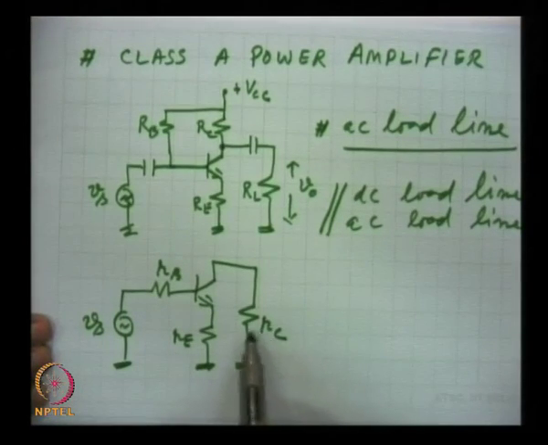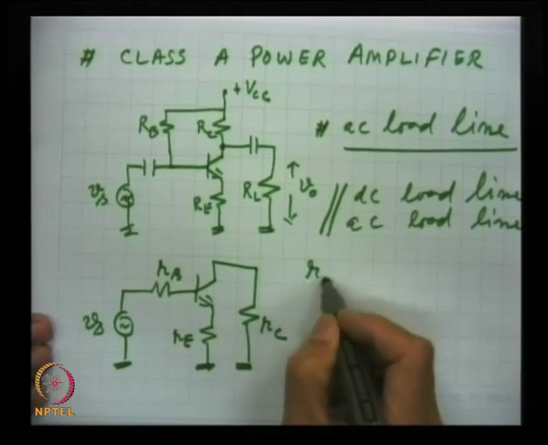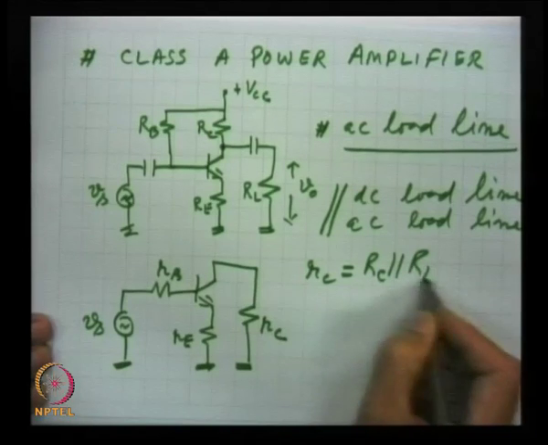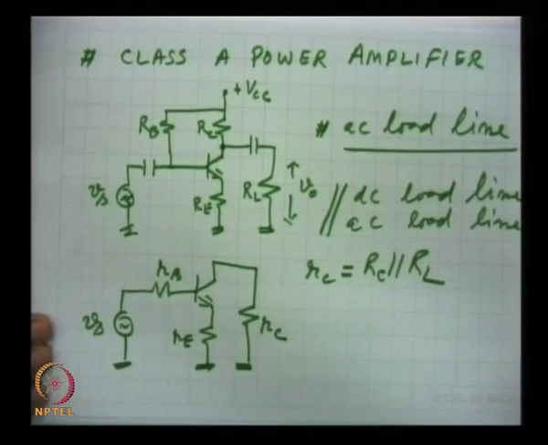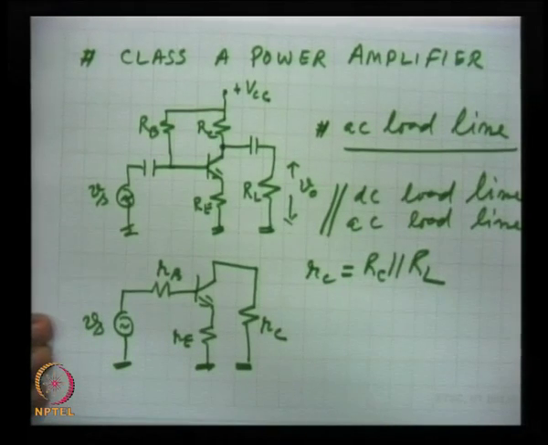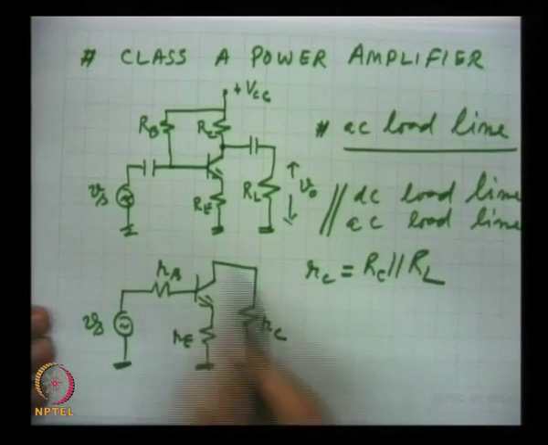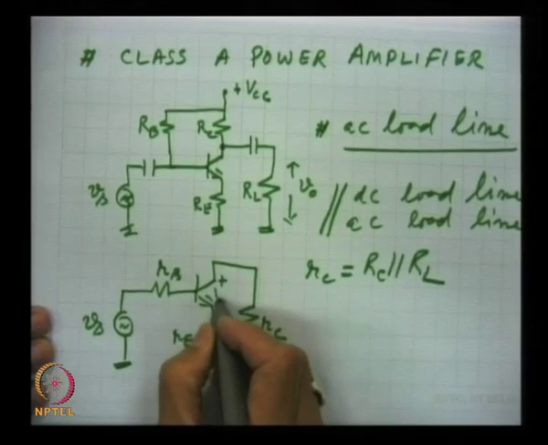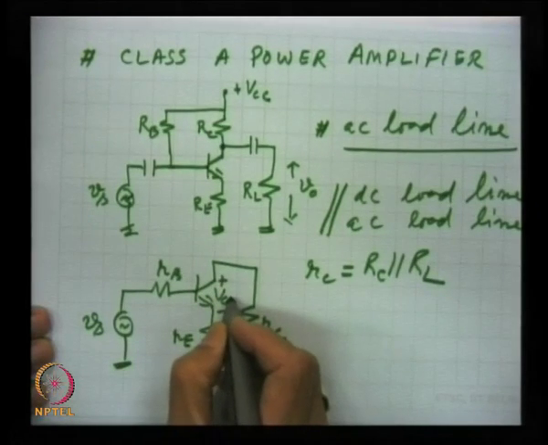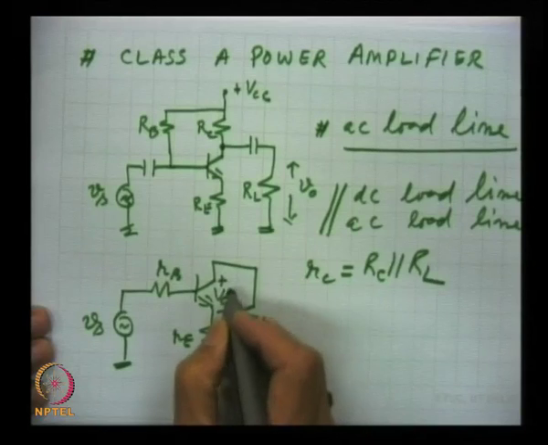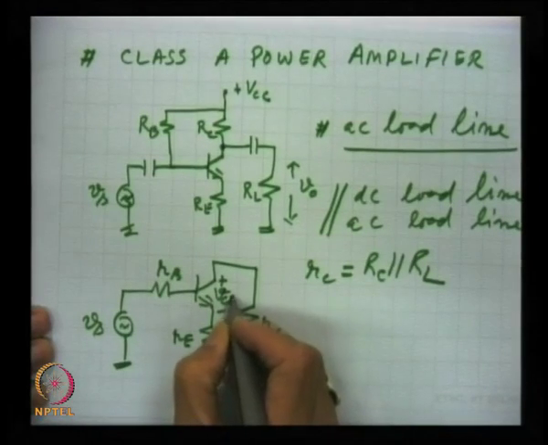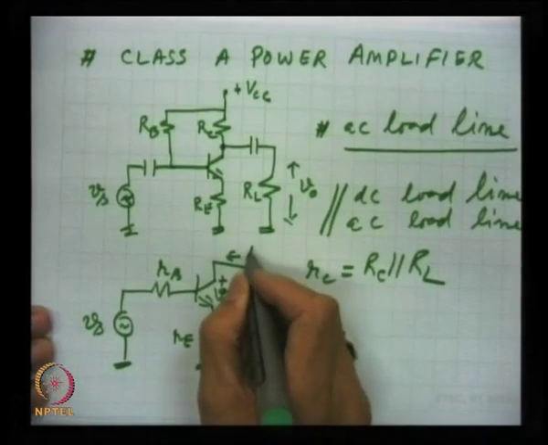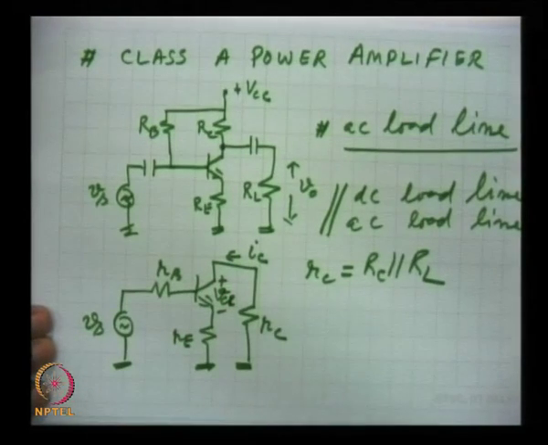Similarly, this is the effective one. So, here the RC actually will be RC in parallel with RL, the effective value of AC impedance seen at the collector. And now, in this circuit, this is plus minus VCE, and this is the AC component of collector current.